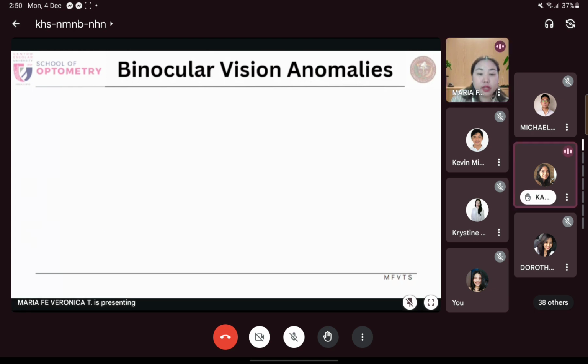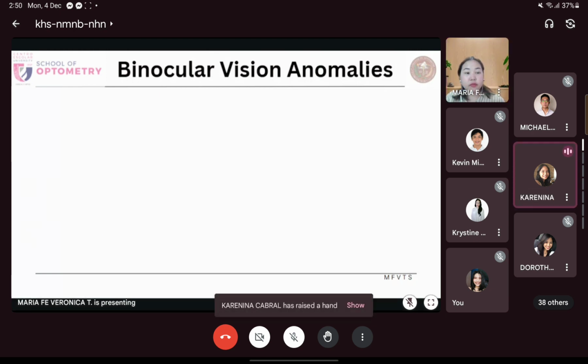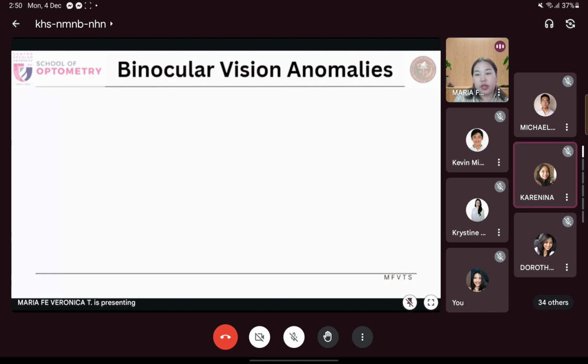Okay, sige. Right po, Doc. Both eyes po are working together to create a clear and single image po. Okay, so yun yung first thought mo. How about the others? Kapag sinabi nila binocular vision or binocular vision problem, ano yung unang-unang naiisip ninyo? Okay, Kevin?